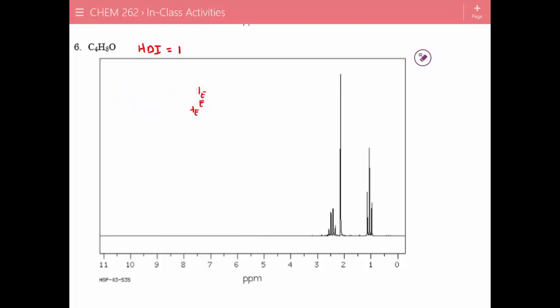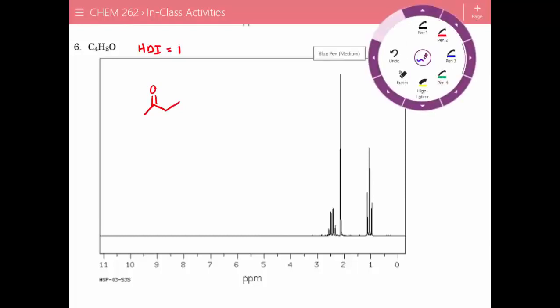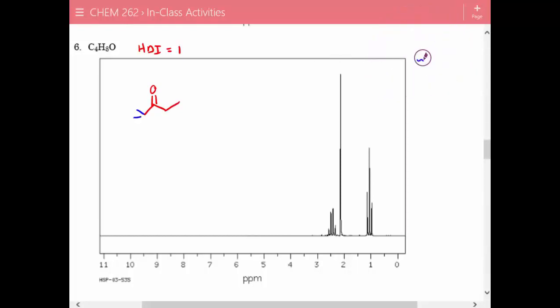But we can try to do some sort of ketone. So let's try a ketone. So if it's a ketone and we start out like this, we only have 3 carbons, so let's add on another carbon on one end. And let's draw in our hydrogens.